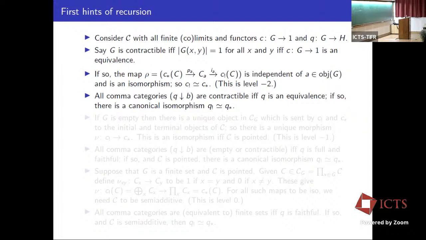You've got a constant functor CB, and you've got some functor C from G to category curly C. Then you get, let's call it C tilde, a functor from Q.